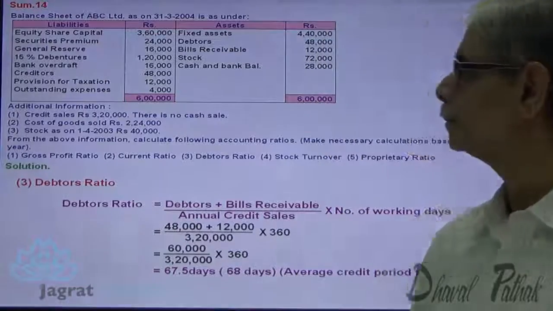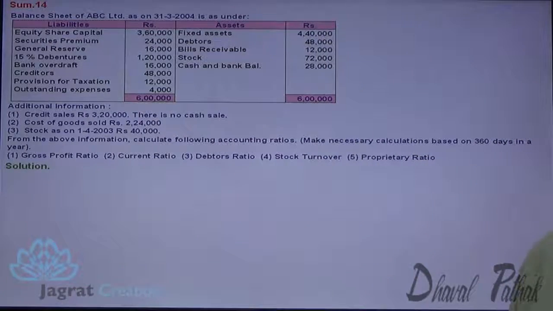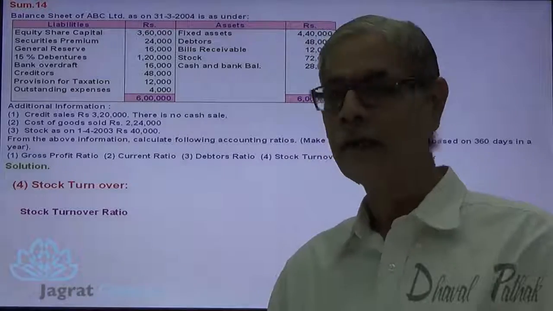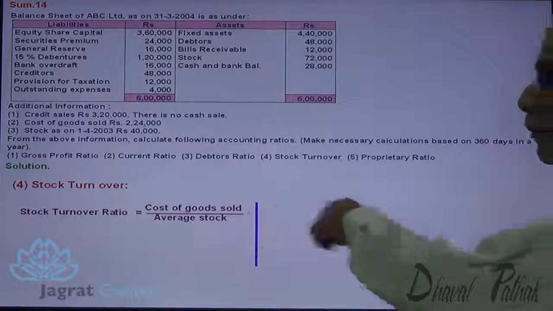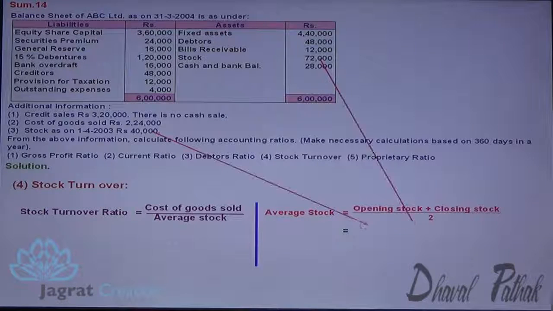Next, stock turnover ratio. Formula for stock turnover ratio: cost of sales divided by average stock. Formula for average stock: opening stock plus closing stock divided by 2.